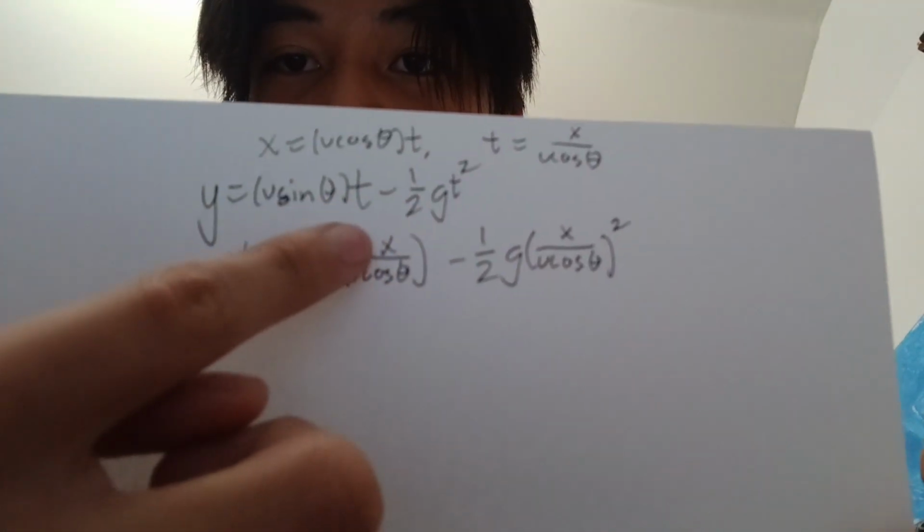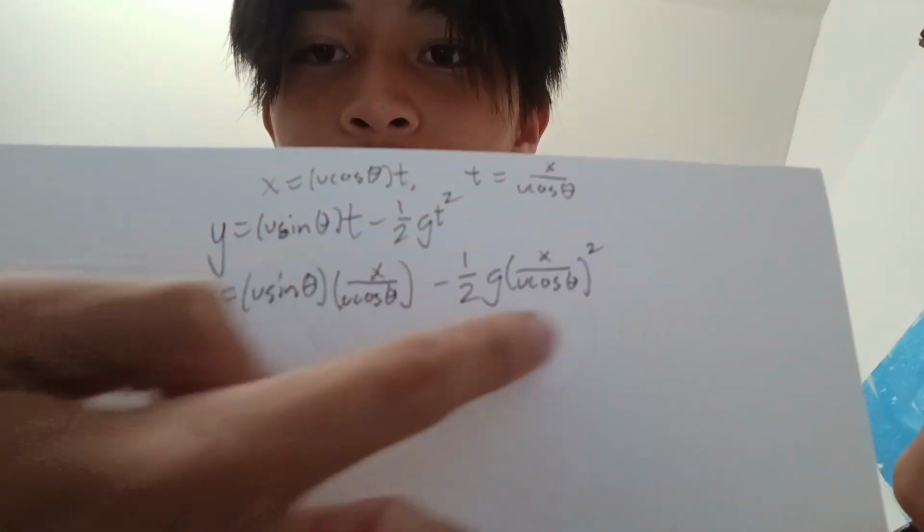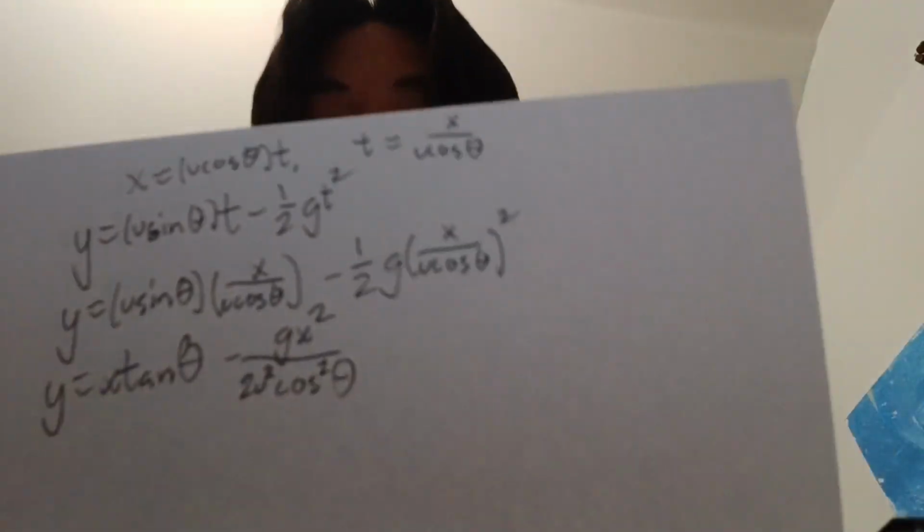Because t is just x over v cosine theta, so it becomes that. And then once you multiply all that out, you get this.